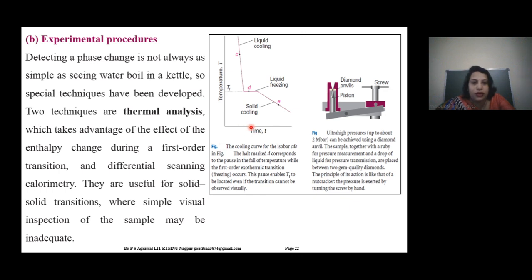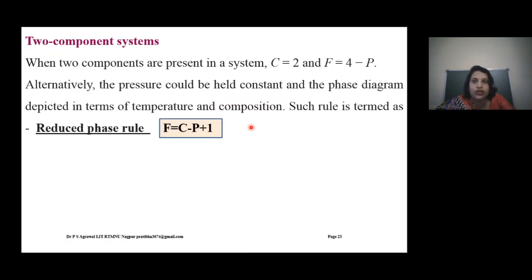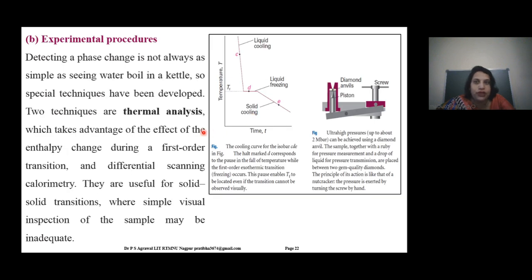Now, in the modern technique, more sophisticated instruments are used that we have seen. It is differential scanning calorimetry, or some ultra high pressure technique can be used as shown in the figure. On phase transition, it deals with the system at very high pressure and a more sophisticated procedure has been adopted. Some of the highest pressures currently attained are produced in a diamond anvil cell shown in the figure.